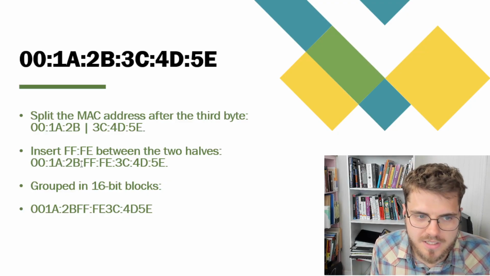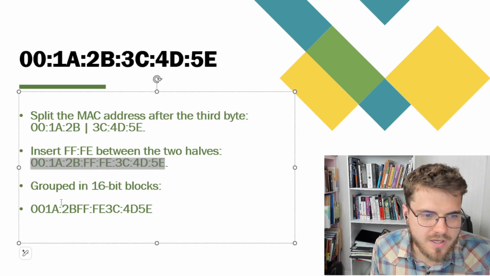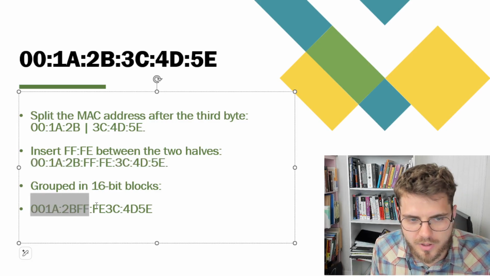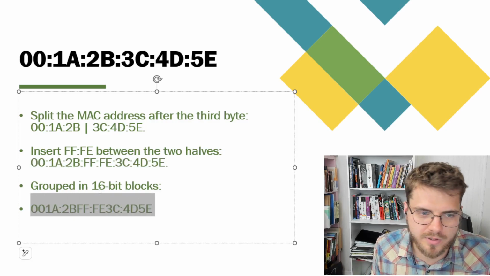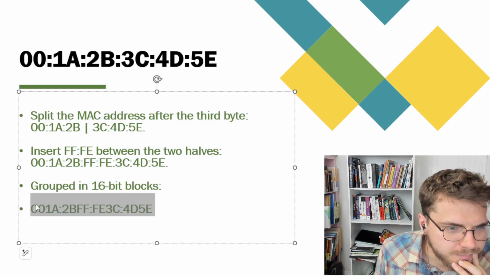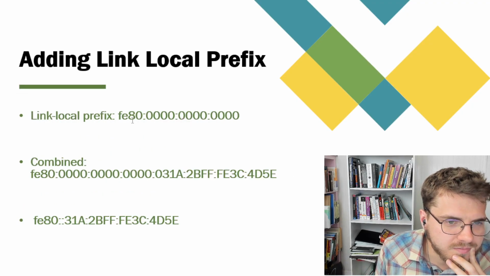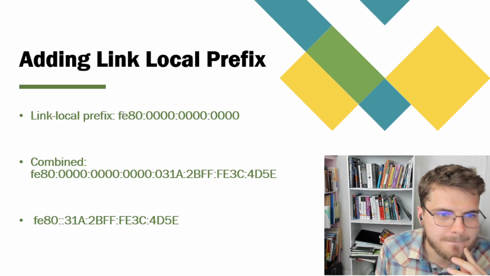You add the FFEE. So all we did is add FFEE, and then you group it to the other format, the IPv6 format, where it's 16-bit blocks. Then after that, you really just add it to this prefix from the beginning.